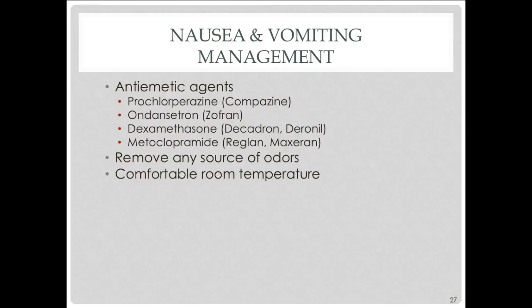But part of our role is to remove any source of odor, get something good smelling in there, and make sure that the room temperature is comfortable to them. Does it need to be warmer? Does it need to be cooler to help with that nausea and vomiting? Aromatherapy can also be helpful in this too. It just depends on if you can find the right aroma that helps the person not feel quite so nauseated.